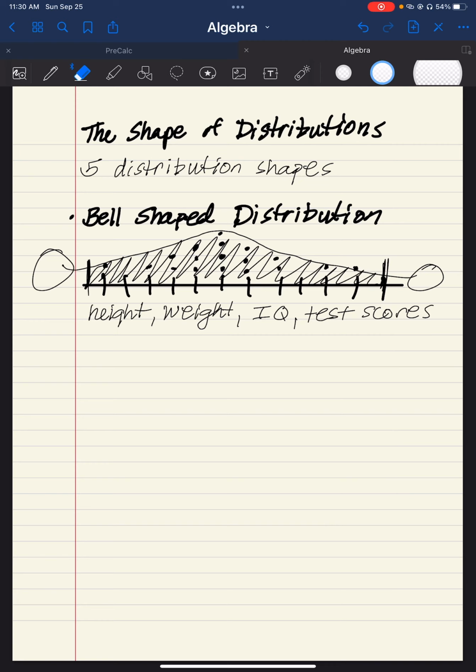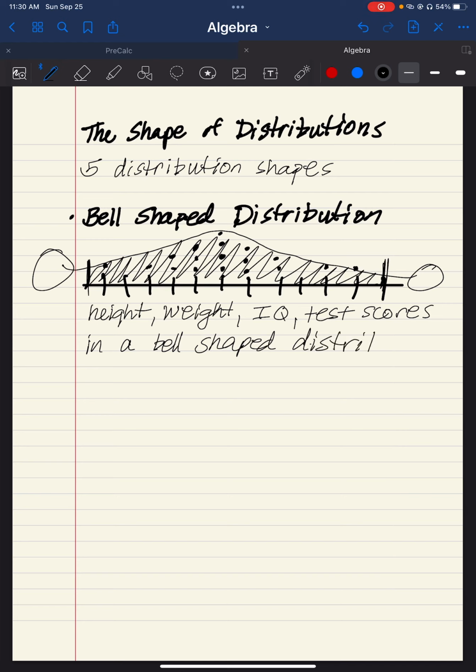This is also a great way to use the mean as the measure of center. So we're saying in a bell-shaped distribution, the mean, the arithmetic mean that we talked about, is a good measure of center, which is great. Because the extremes tend to cancel themselves out, and so you get to see where most of the data is if you add up all the values and divide by how many there are.